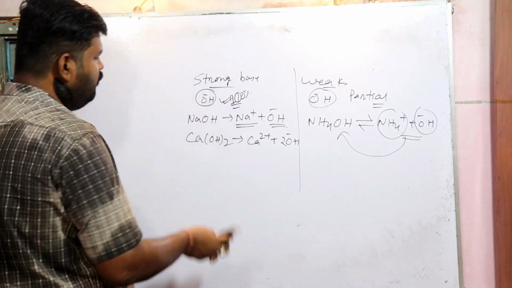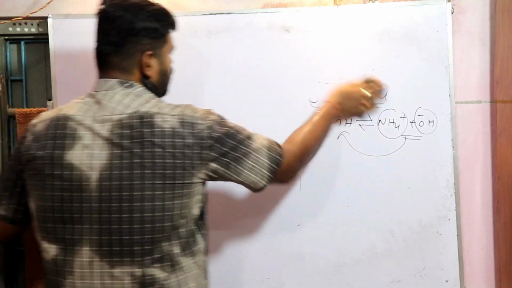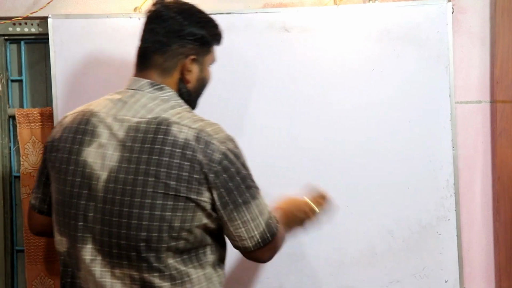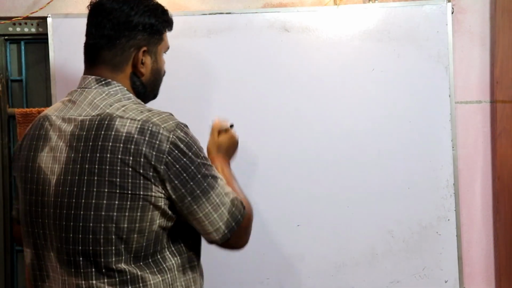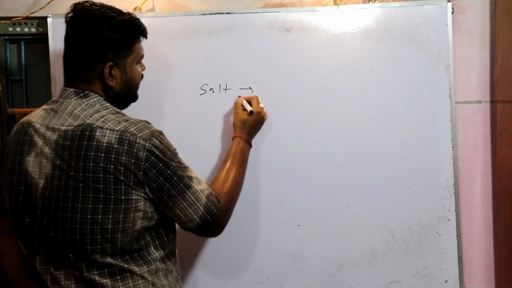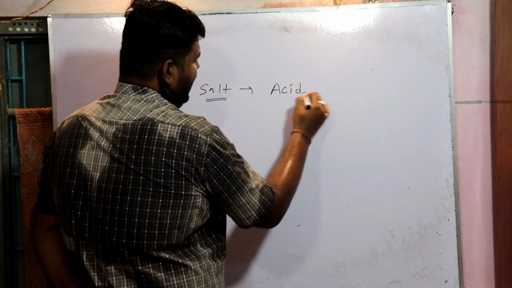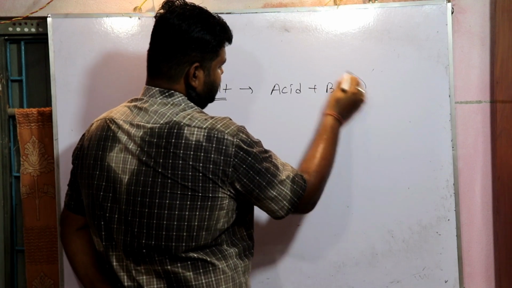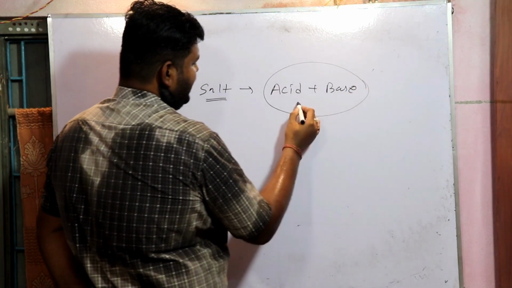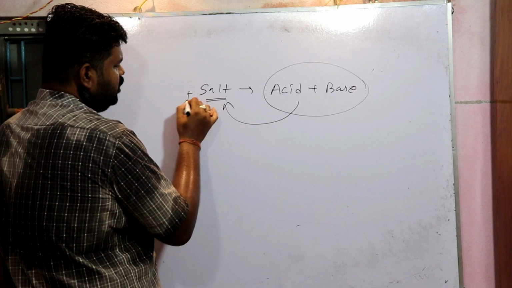Now we will move to the next part, that is salt. Today I am just introducing the word salt. Salt is the resultant of an acid and base reaction. The reaction between acid and base leads to salt plus water.